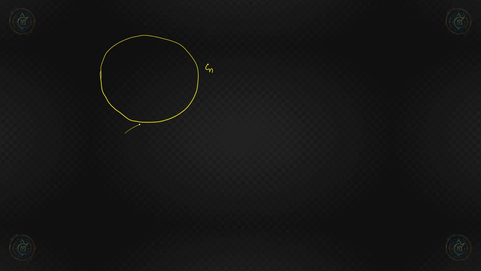This is our Cn plus 1. The radius of this circle is rn, this is rn plus 1. And this is the circle gamma n.